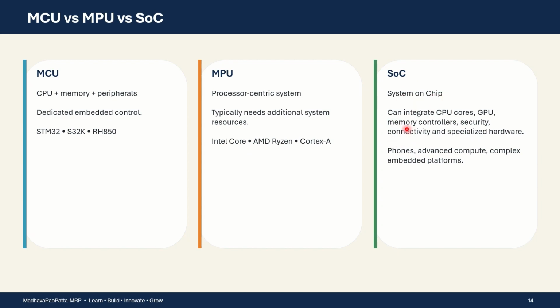A modern SoC can integrate CPU cores, GPU, memory controllers, connectivity, and specialized hardware. For example, our phones have the microprocessor and memory, everything integrated. If we take the mobile as the example, it is an advanced computer, a complex embedded platform.